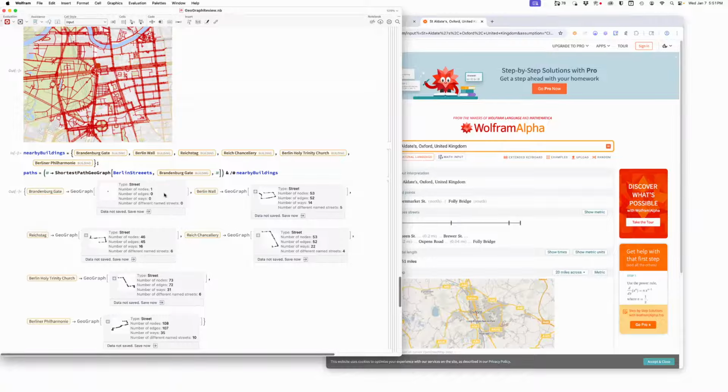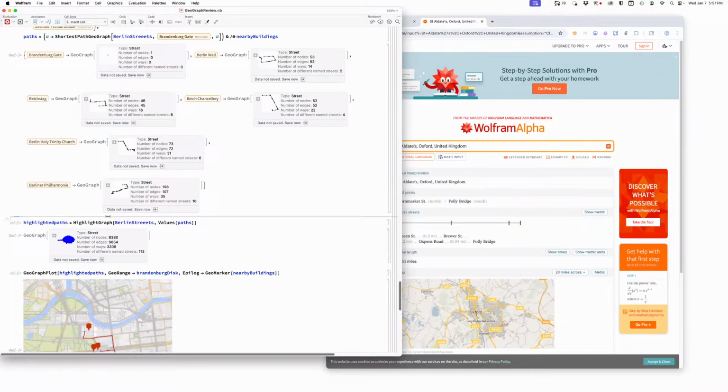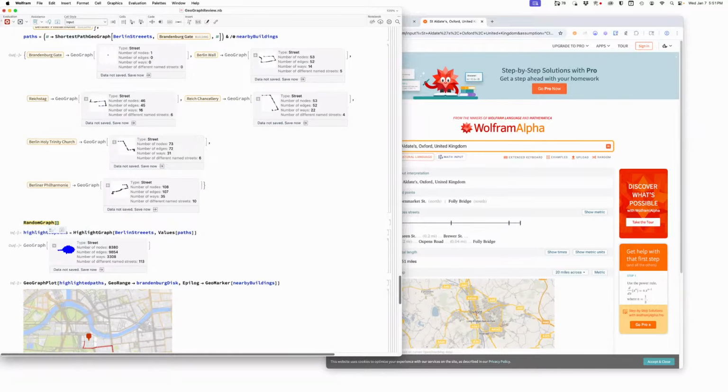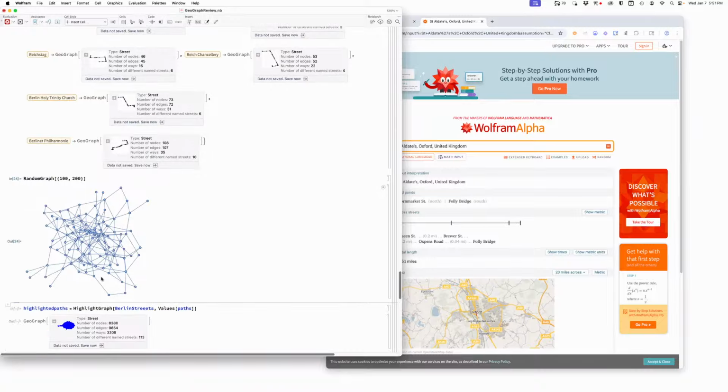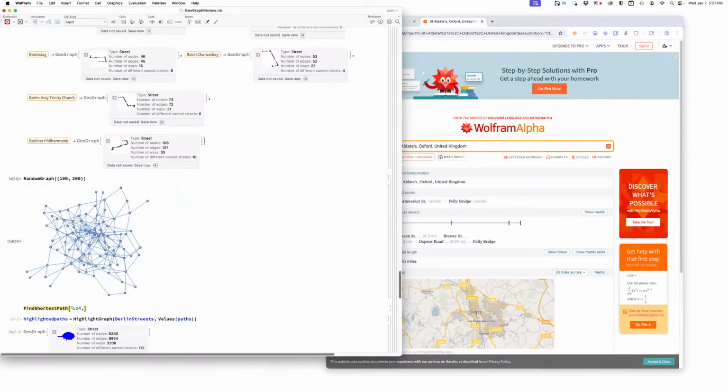Of course. No, I understand, but the function name here is obviously not right. Wait a minute. So we didn't want to overload. Right. Look, if I have a random graph here and I say shortest path, it returns the graph nodes, right?